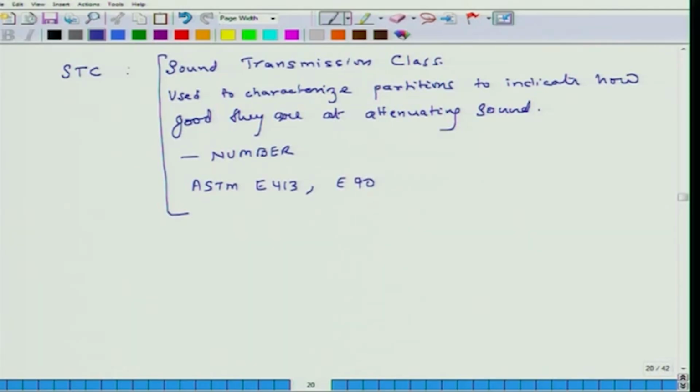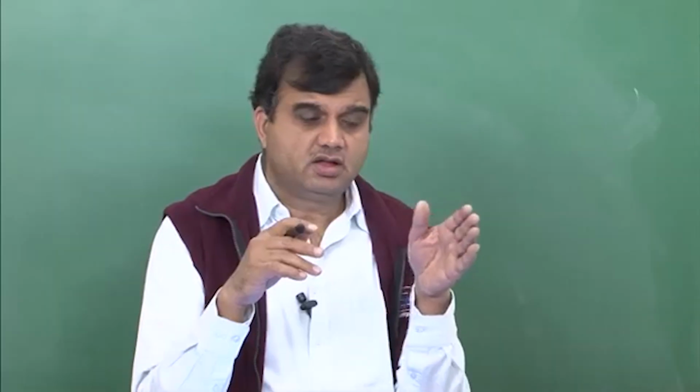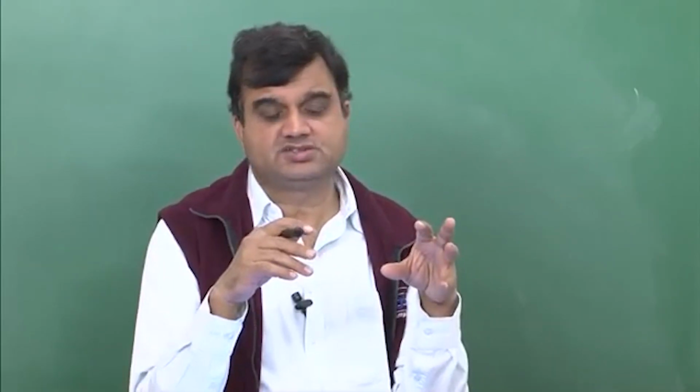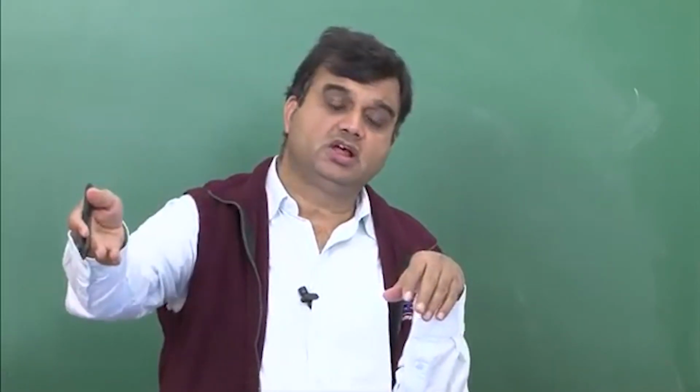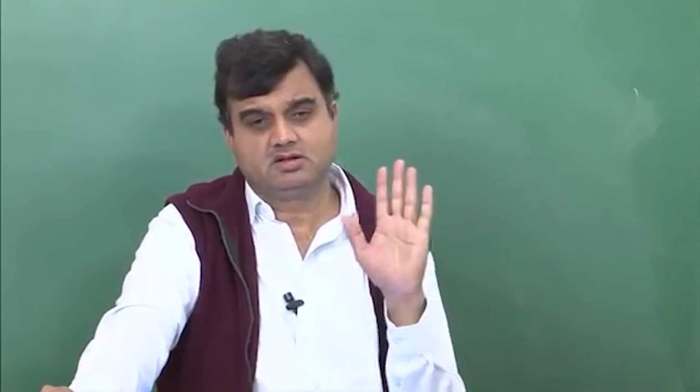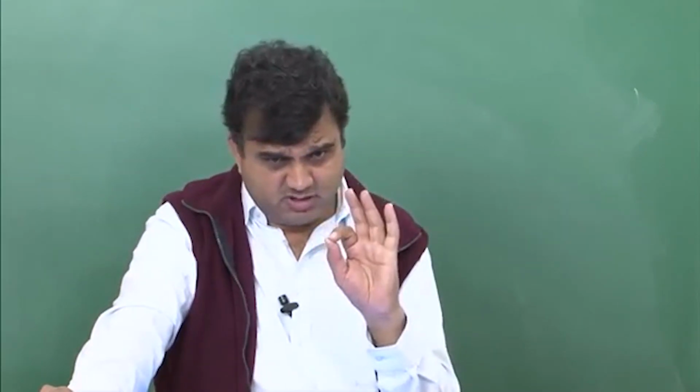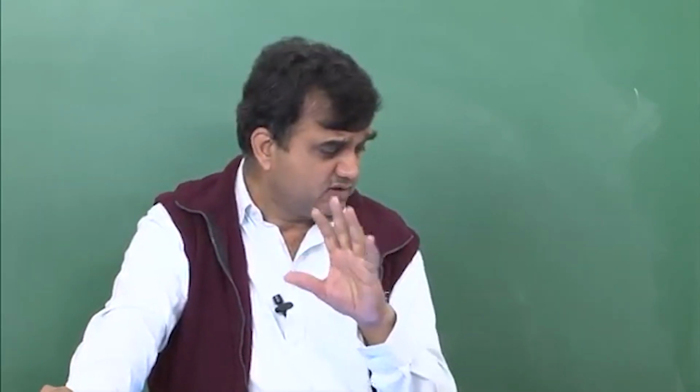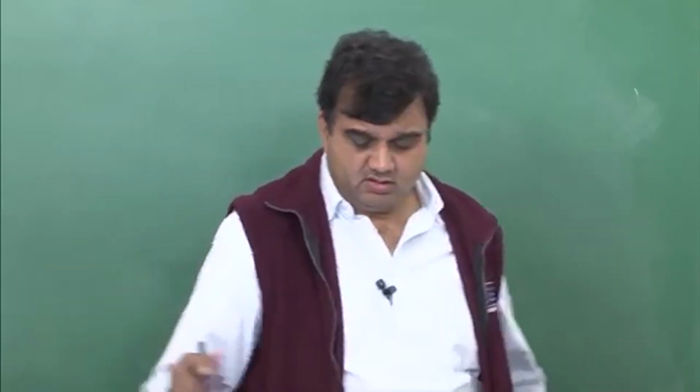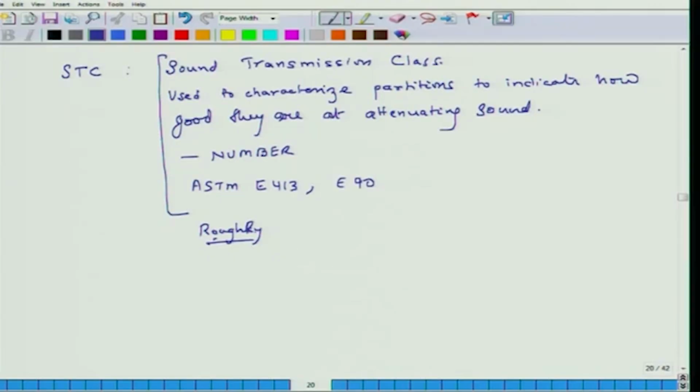Roughly, if the STC number is n, then if the incident sound is 100 decibels, the sound which is being heard on the other side will be 100 minus n. Roughly. It is not an exact mathematical relationship, but roughly. So that is what, in a broad sense, the STC number means.